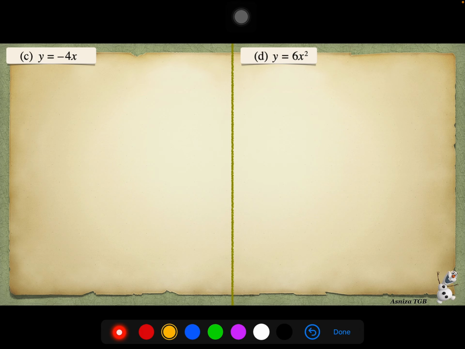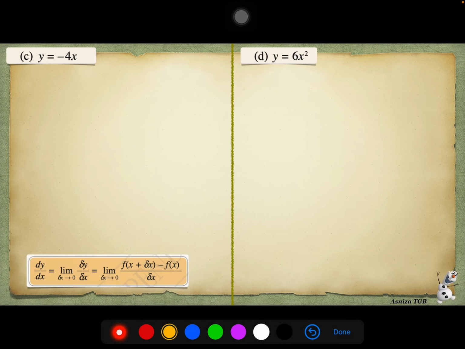We have y equal to negative 4x. We need to find the first derivative using first principles, meaning we need to find dy/dx using the limit as delta x approaches 0 of f(x plus delta x) minus f(x) over delta x.